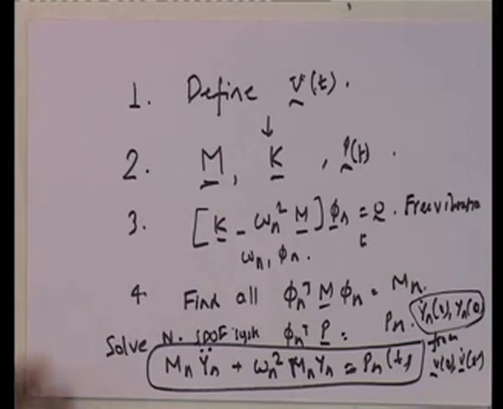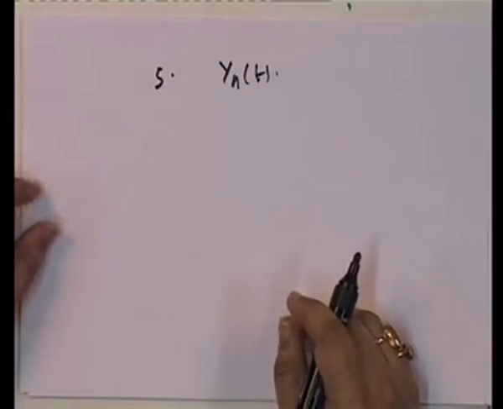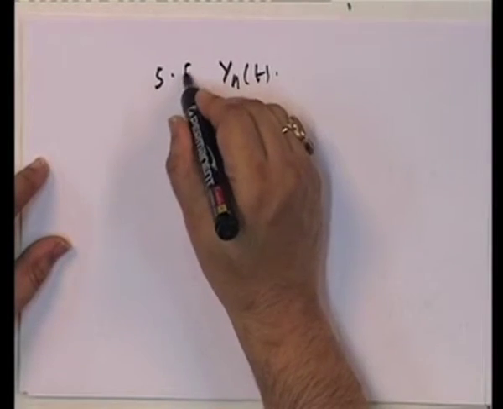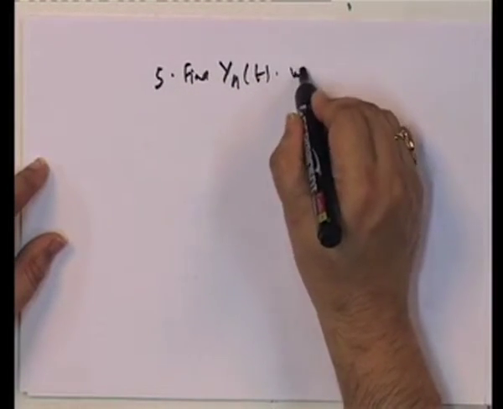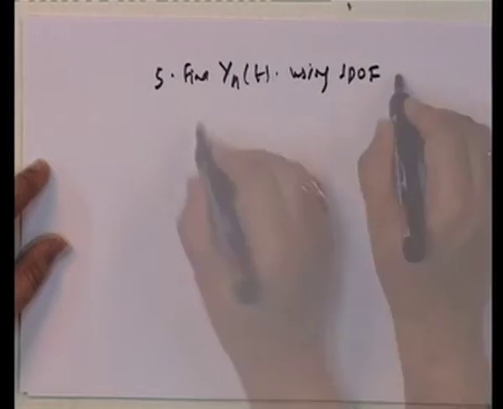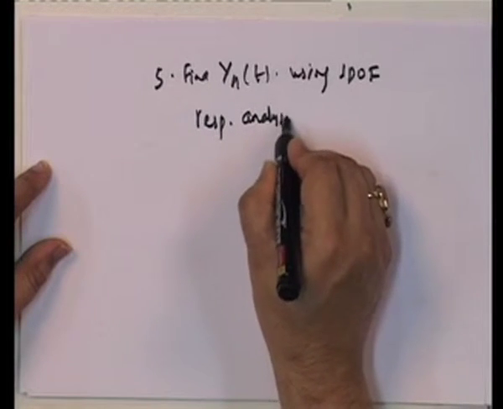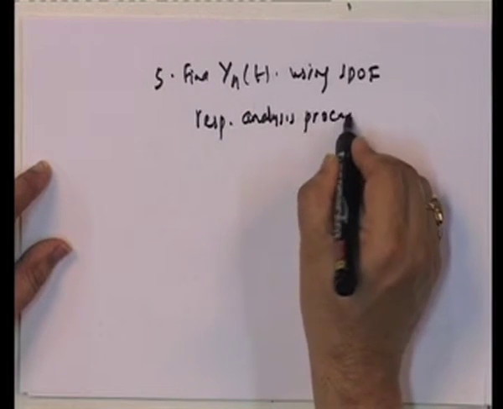Okay. So, once you have done that, you solve for it and you get what? Think back to the single degree of freedom. Single degree of freedom gives you yn of t. Find yn of t using single degree of freedom response analysis procedures.